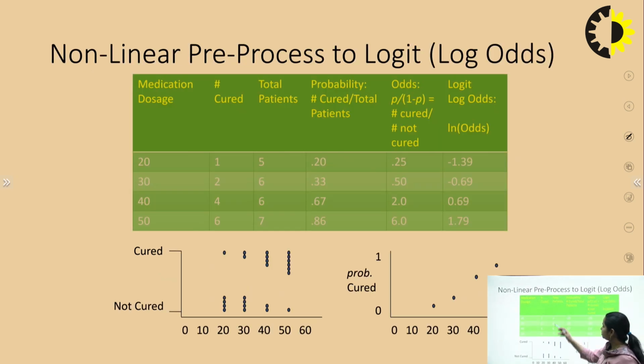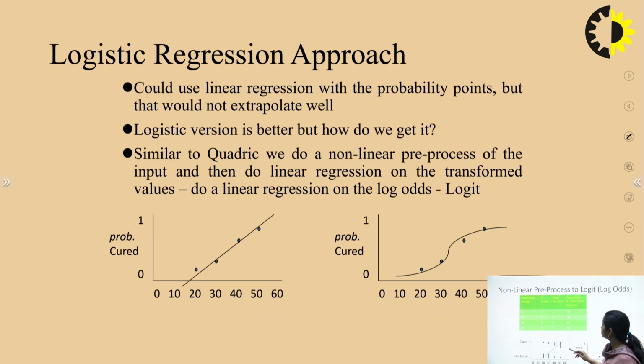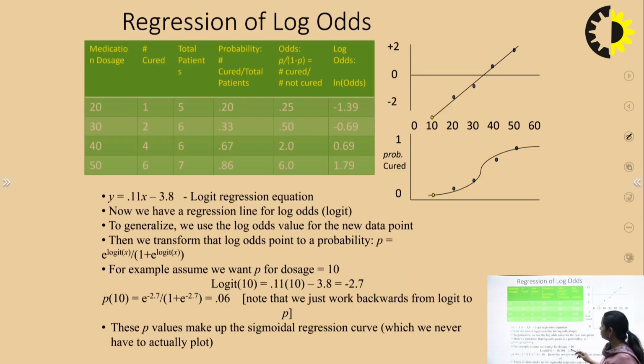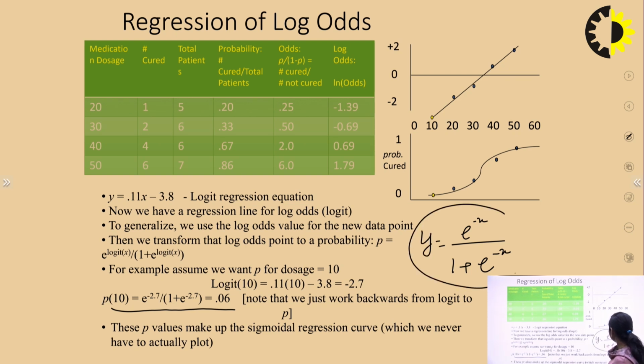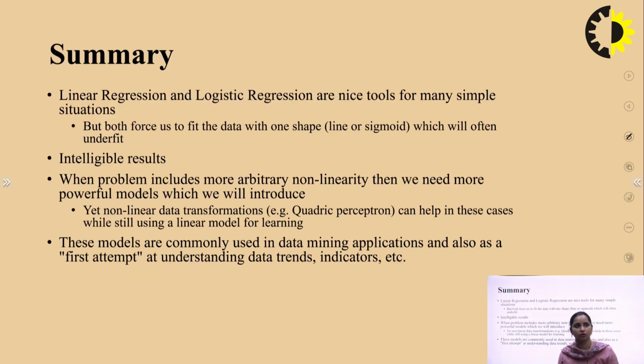The previous one was non-linear preprocess and logit, and this is another example. See the equations, how they work. They are using the sigmoidal function, right? This is the function: e to the power minus x divided by 1 plus e to the power minus x. This is y. This is the sigmoidal function, right? We put the values in this and calculate, so this is how the regression of log odds works.